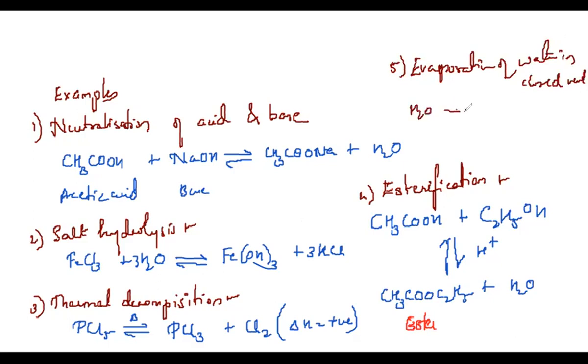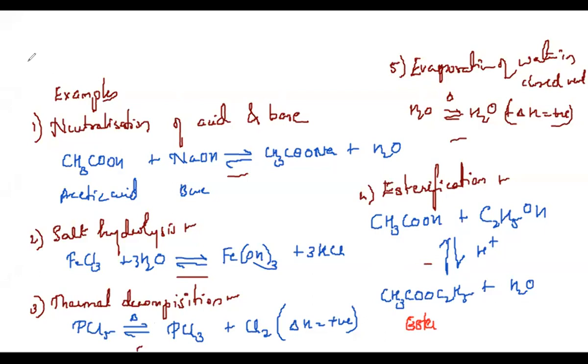H2O undergoes evaporation. H2O gets converted to gas, and how will it get converted to gas? You are applying heat here. Therefore, I can say delta H is positive here. Correct. So these are all examples for what? Reversible reactions. And this is the symbol used to represent the reversible reaction.